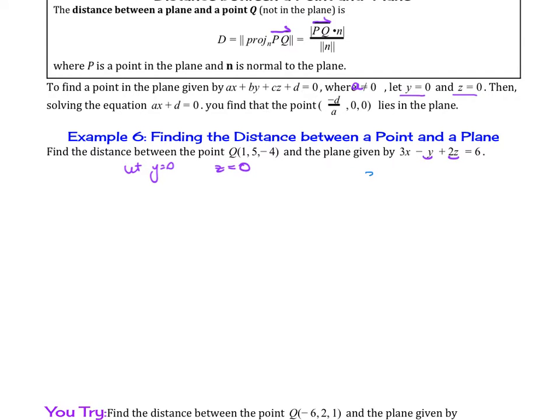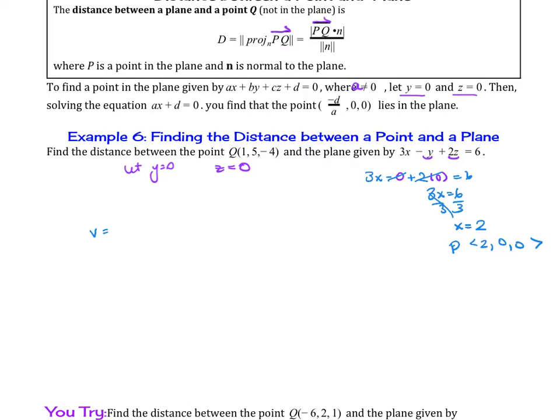So let me write that out: 3x minus 0 plus 2 times 0 equals 6. So we get 3x equals 6, or dividing by 3, x equals 2. So this point is going to be 2, 0, 0.